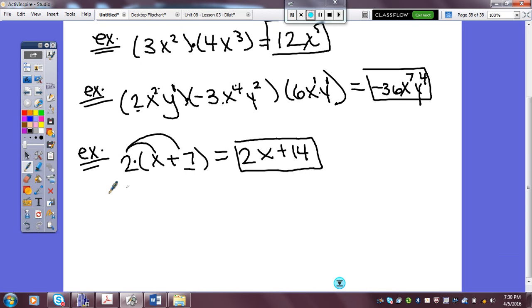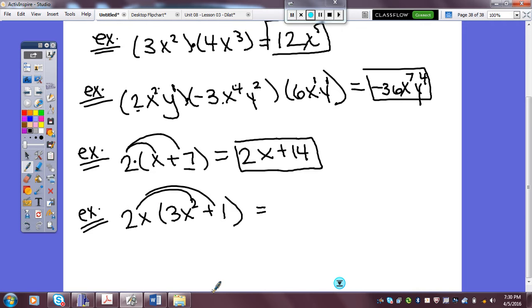Okay? Here's where it gets a little different. 2x times 3x squared plus 1. I have 1 term times 2 terms. My number is sandwiched outside my parentheses, so I know I have to distribute it. So 2x times 3x squared. I know 2 times 3 is 6. What about x times x squared?